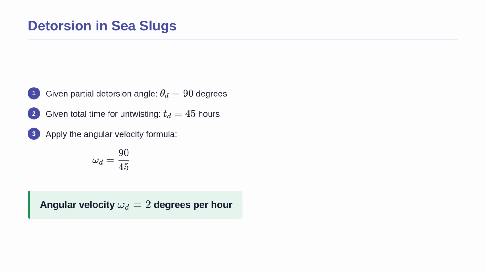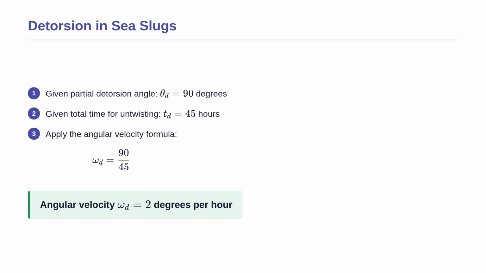Let us apply this rate formula to a specific sea slug larva observed by a marine biologist. We are given that the larva undergoes a partial detorsion of 90 degrees. We are also told that this untwisting process takes exactly 45 hours of steady cell growth. We need to find the angular velocity.